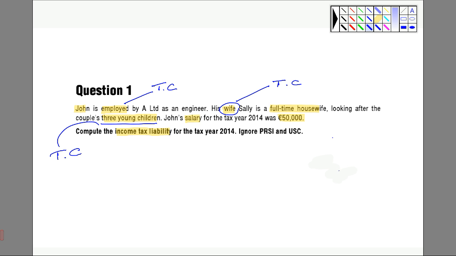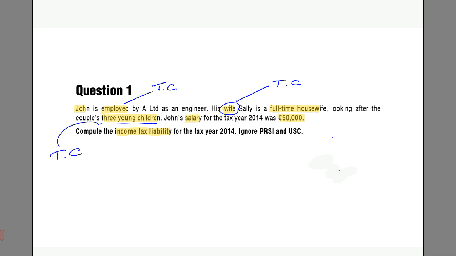So it looks to me so far that we have a simple computation. We may have 3 tax credits. And this is a married couple, so it seems to me that their tax band is going to be based on a higher figure. Okay, so that's the basic setup of the question.